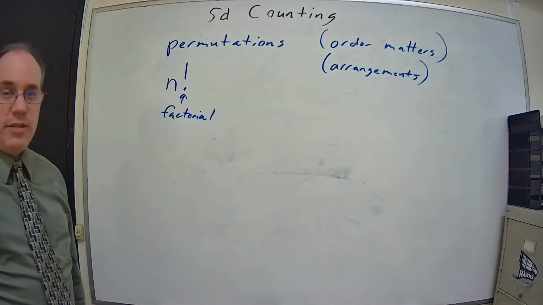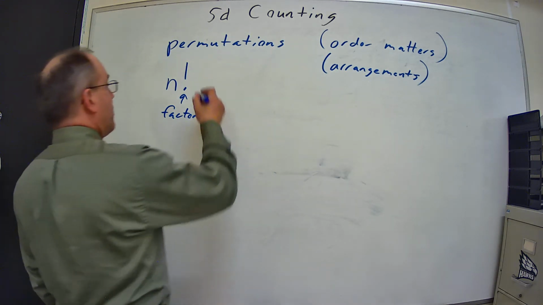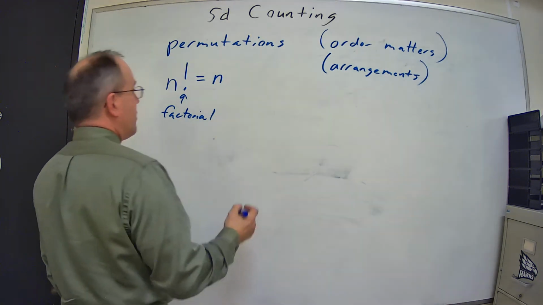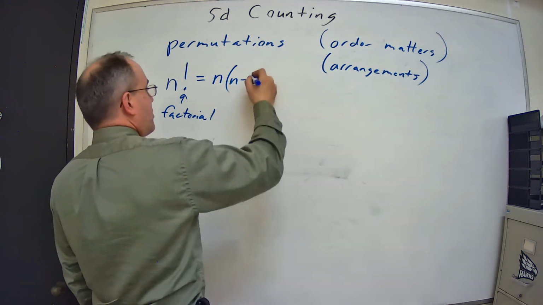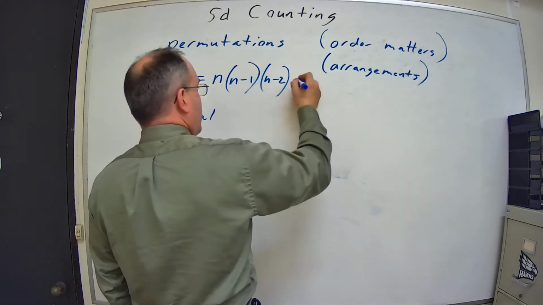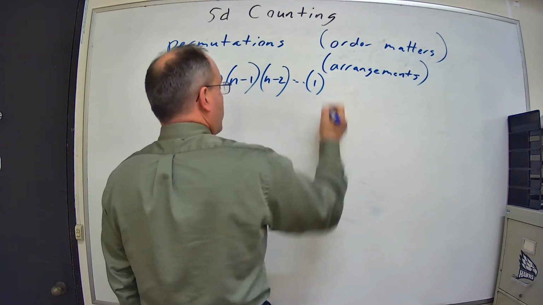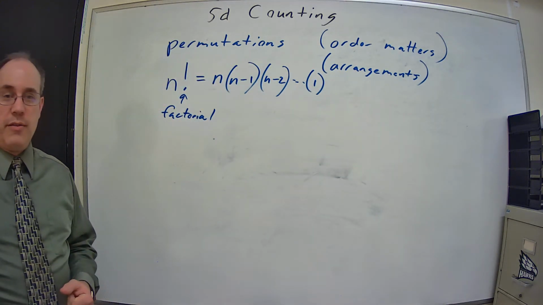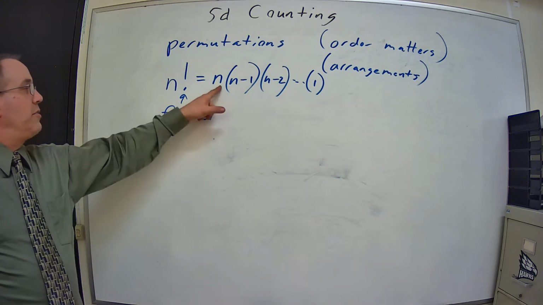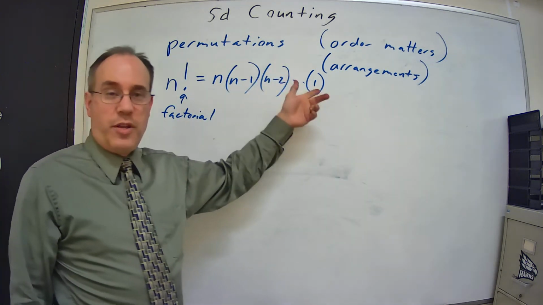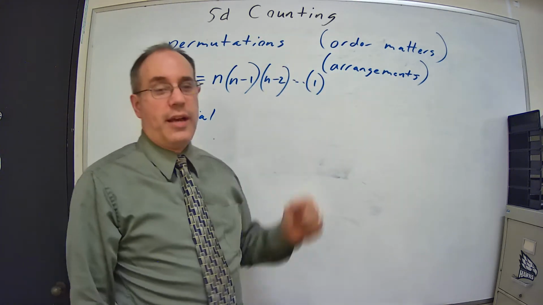And what it means is to multiply n times all the numbers less than it down to 1. So n times n minus 1 times n minus 2 times n minus 3 times n minus 4 times n minus 5 all the way down to 1.